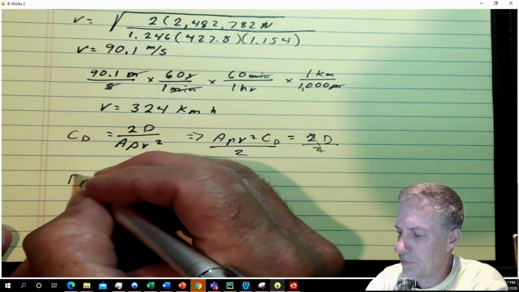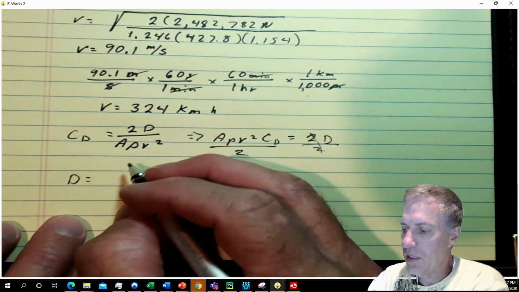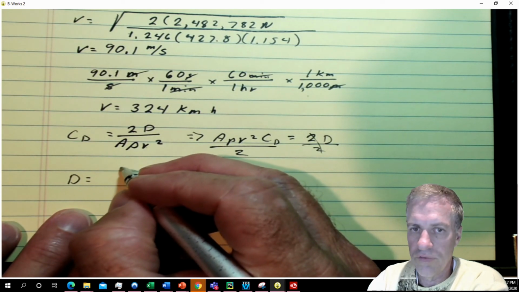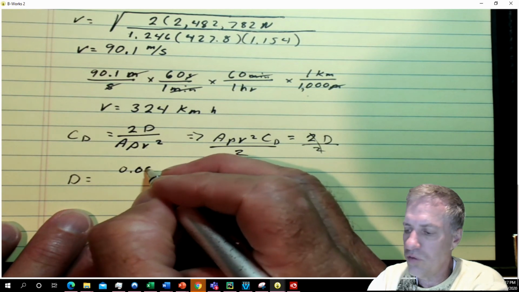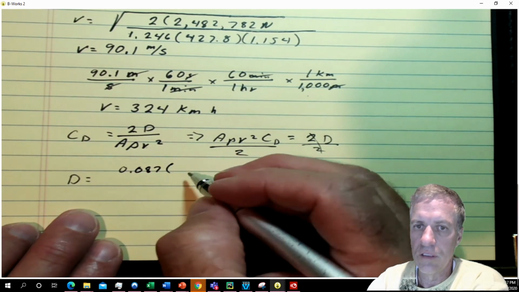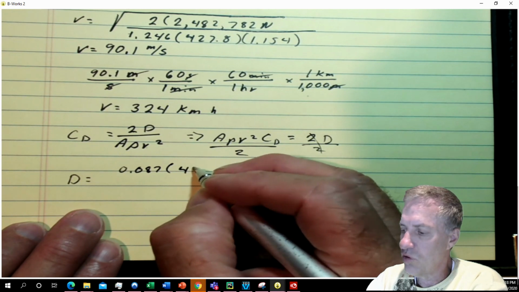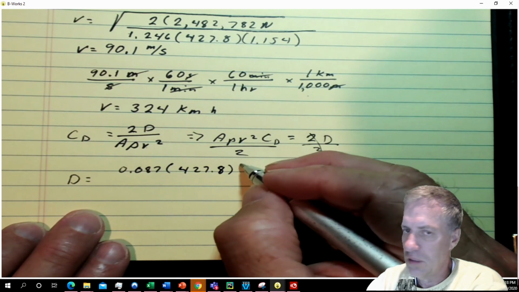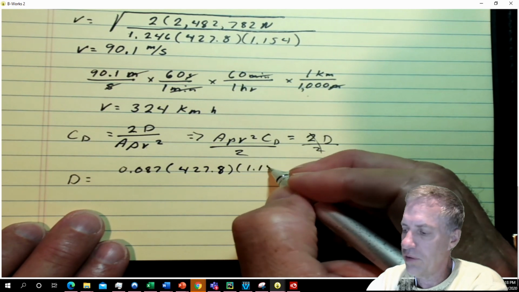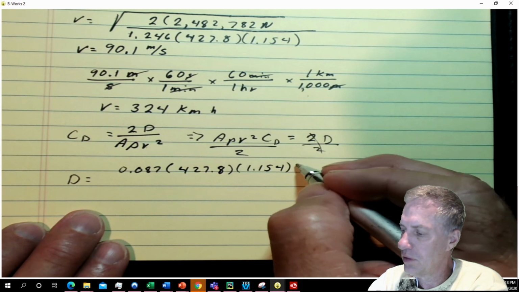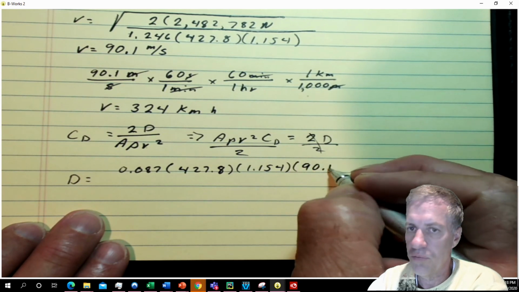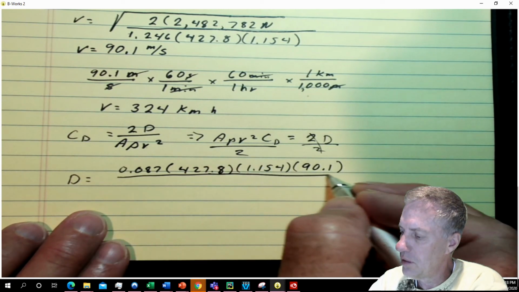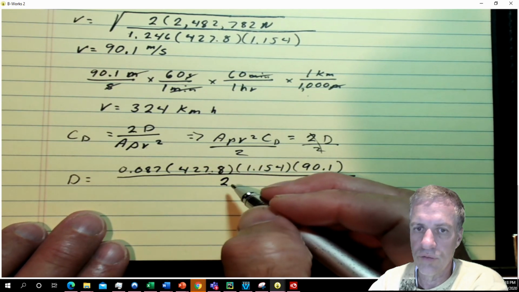All right. So our drag is going to be what they gave us. Our coefficient was 0.087 times 427.8 times 1.154 times 90.1 squared, divided by 2.